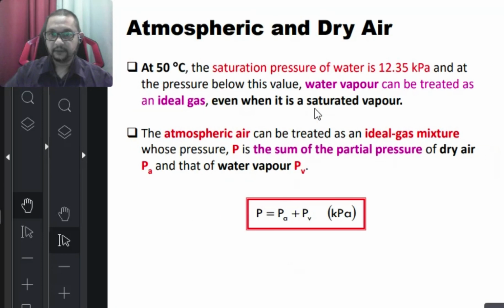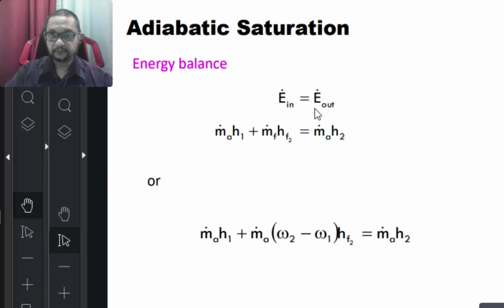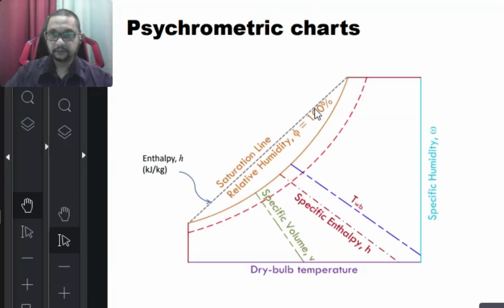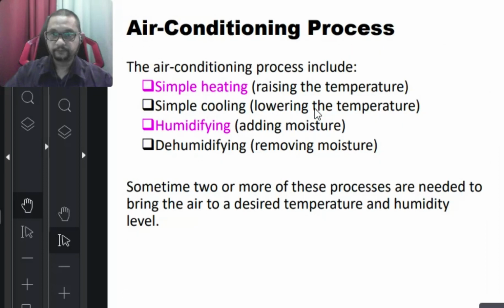Saturation. The air conditioning process includes simple heating, that means raising the temperature. Simple cooling, it is lowering the temperature.